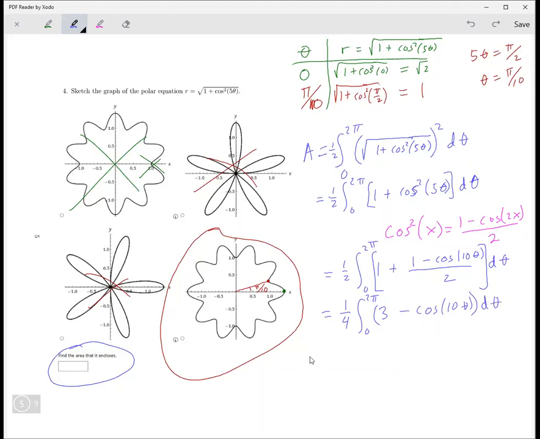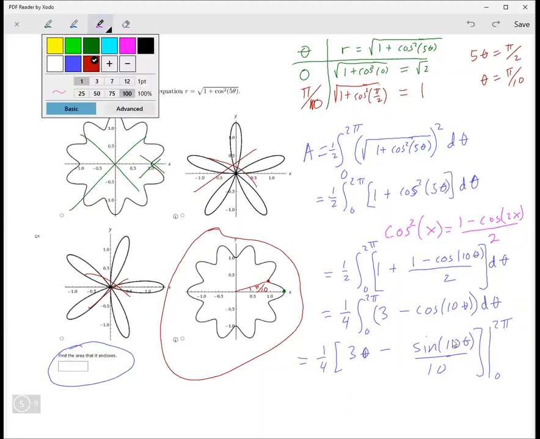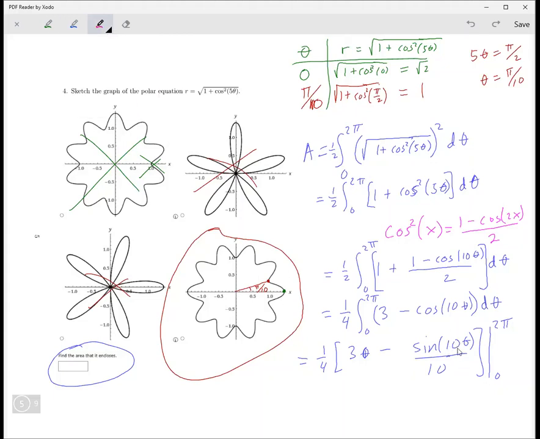And now we can integrate. We have 3 theta here minus sine of 10 theta over 10. And that's going from 0 to 2 pi. Again, if we put a 2 pi into here, it's sine of 20 pi, which is 0.